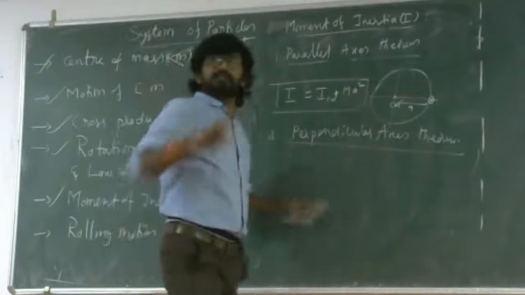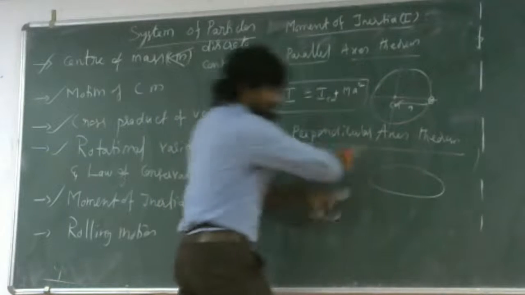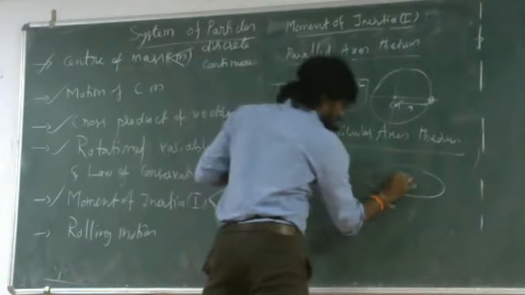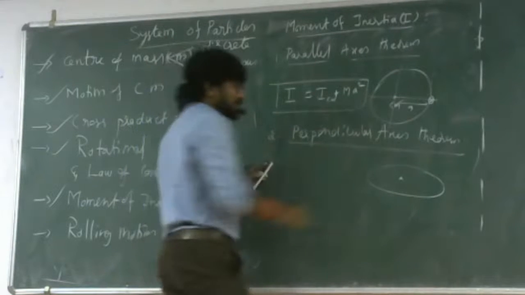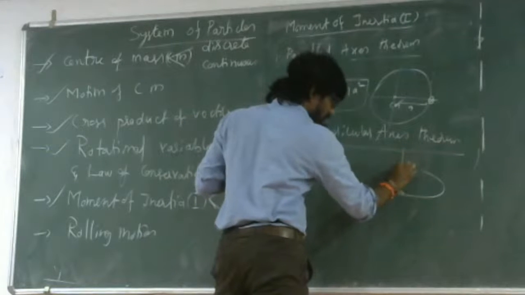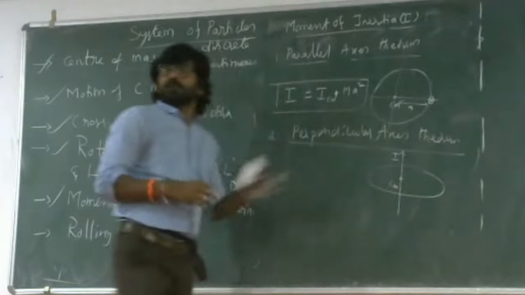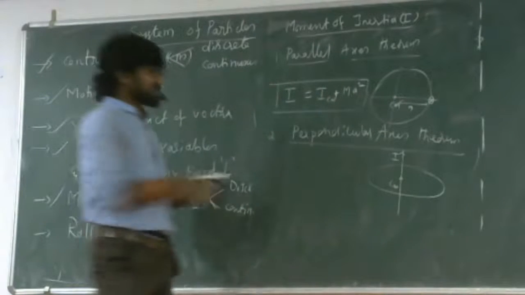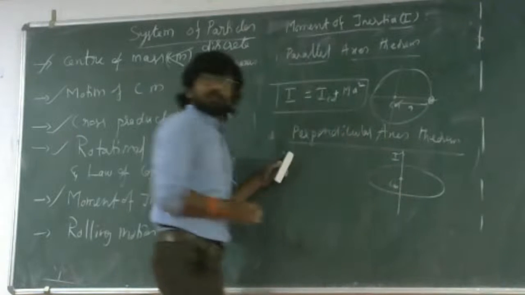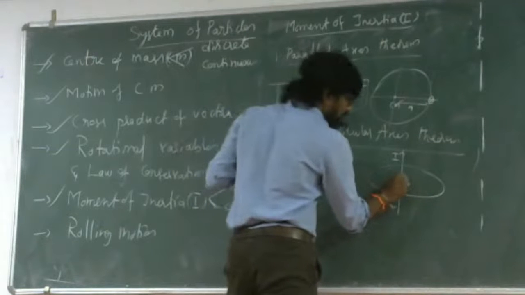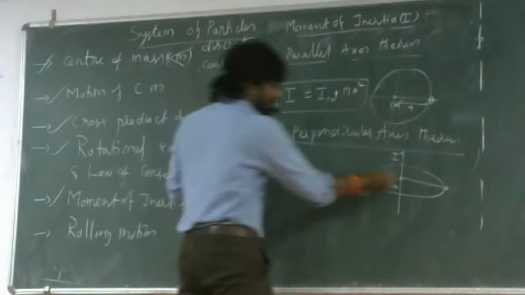So if you have a disc or lamina lying in this plane, the moment of inertia of this disc about an axis passing through the center of mass, let us say this is the z axis or y axis or whatever, is equal to the sum of the moment of inertia about two mutually perpendicular axes which are concurrent with this axis, meaning having the same origin.